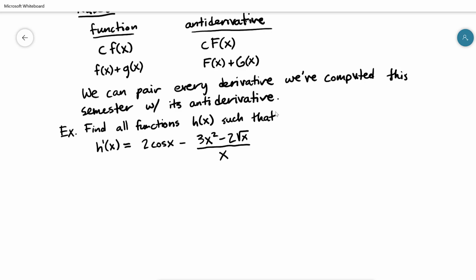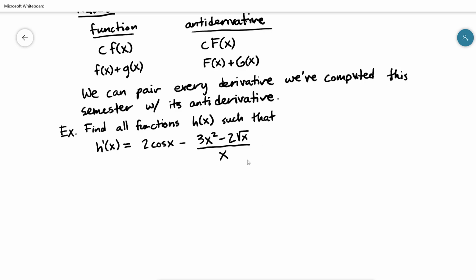This is an antiderivative problem because I'm interested in finding the original function when I'm given what the derivative of that function looks like.